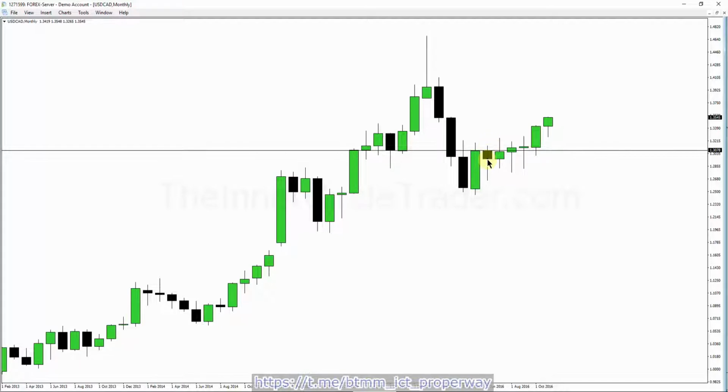Its high is, if I can get it to show up, 31.44. So we need an up close candle that has at least a low that's higher than 31.44. Obviously, it's right here.